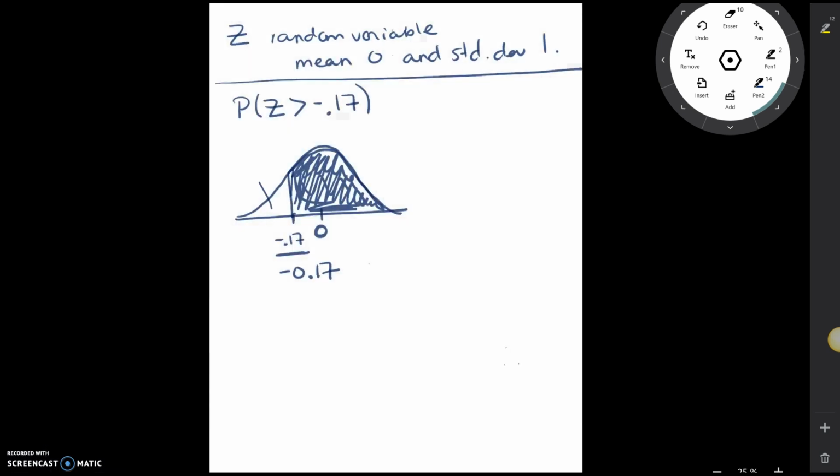So what that tells me, if we go back to the picture, is this area right here is 0.4325. But remember, the area I want is the area to the right. Well, the total area under the curve is equal to 1. So we take 1 minus 0.4325. Put that in your calculator if you're working along with me.